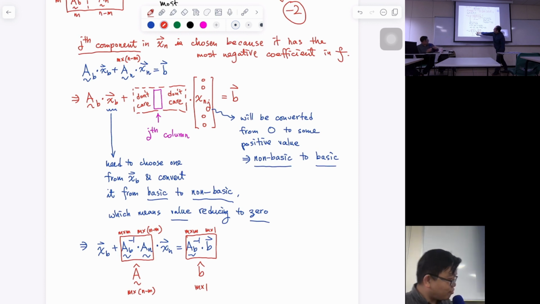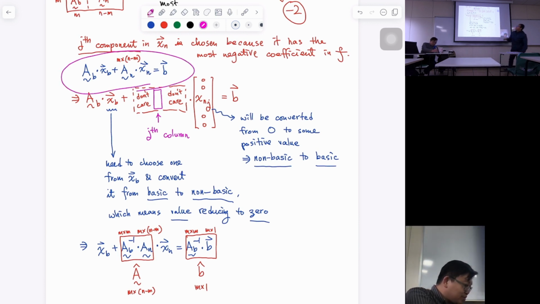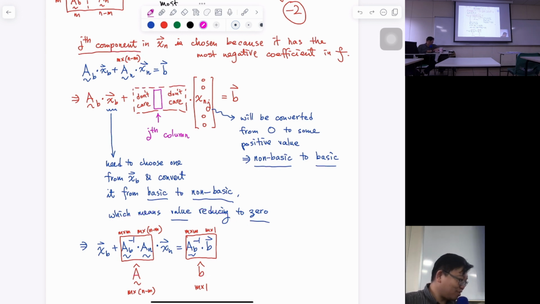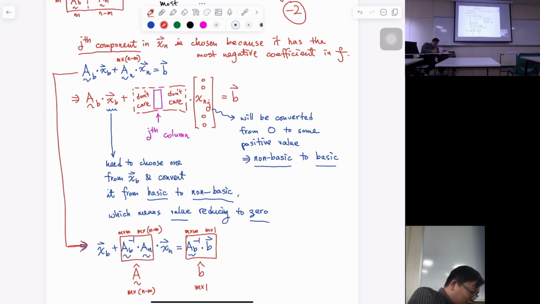Yeah, because it was from this equation: you multiply AB transpose to everything, then you will get this. So it's derived from there. Thank you for pointing that out.